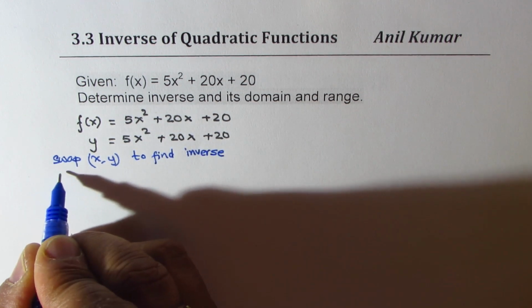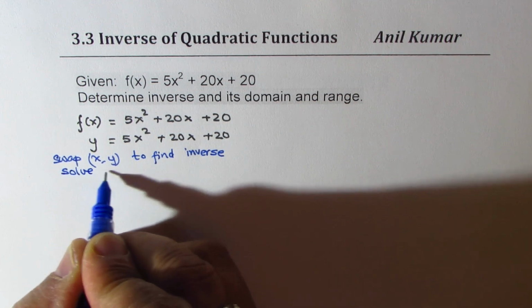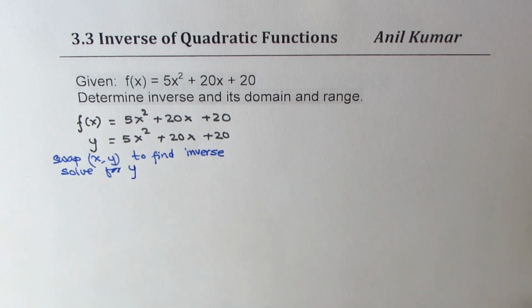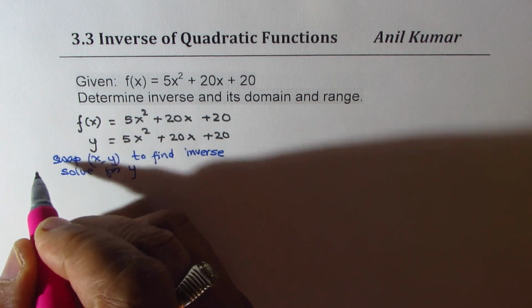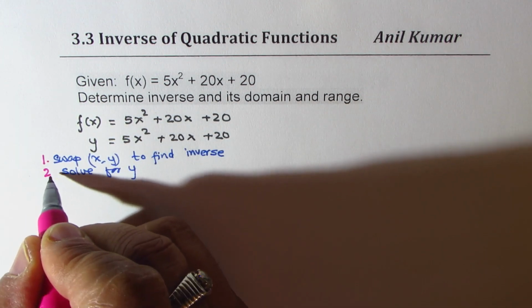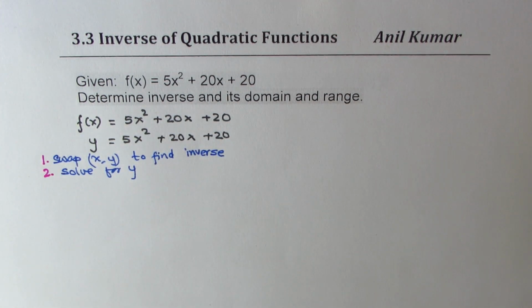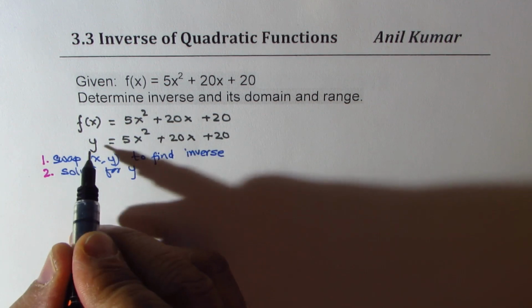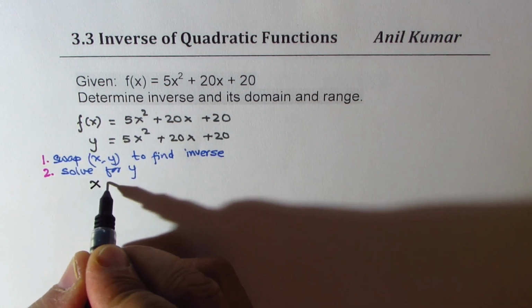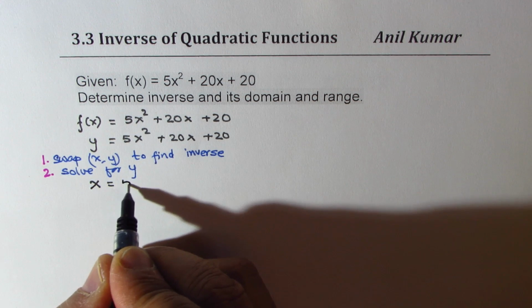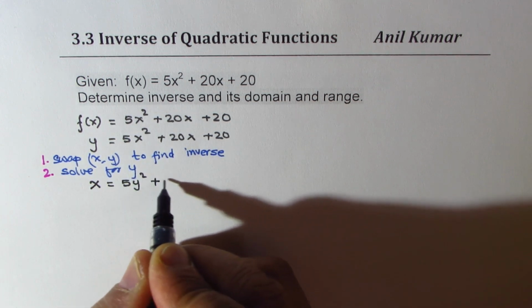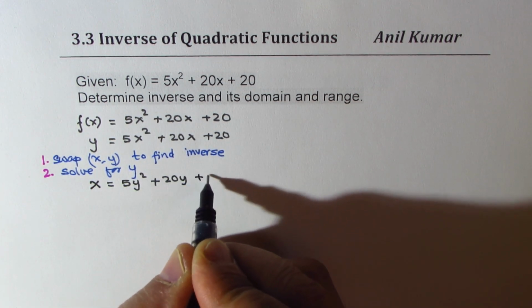And then the second step is to solve for y. So it always involves these two steps, step 1 and 2. Swap x and y really means instead of y, I will write x, and instead of x, I will write y. So we get x equals 5y squared plus 20y plus 20.